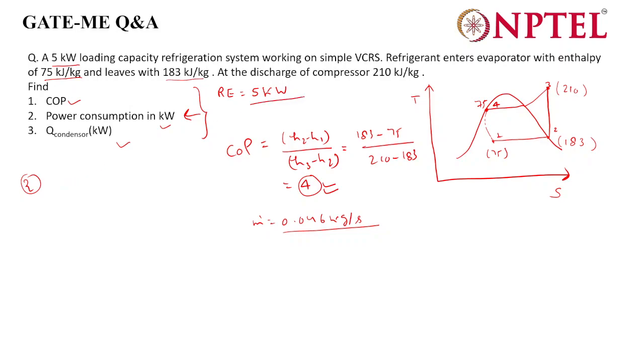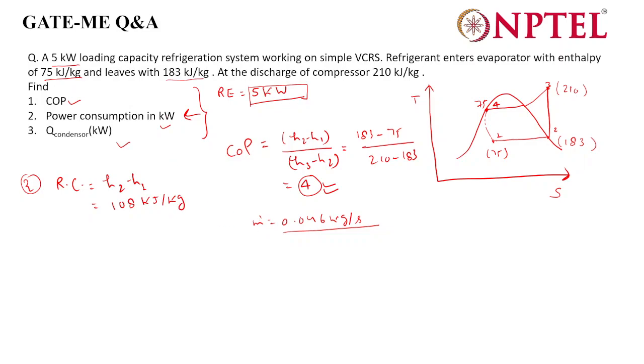We know the refrigeration effect in kilowatt, and we know the refrigeration capacity here. What is the refrigeration capacity? H2 minus H1. So when we calculate this, how much will it become? 108. What is the unit of this? Kilojoule per kg.